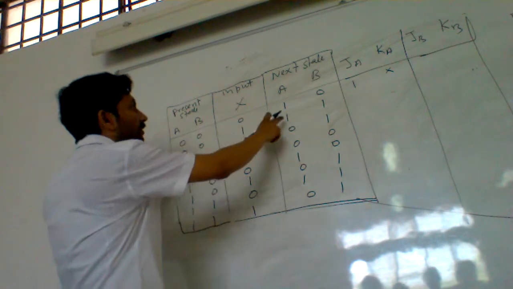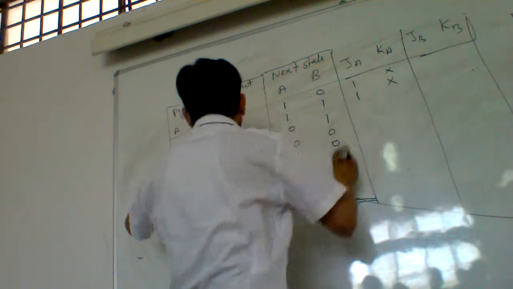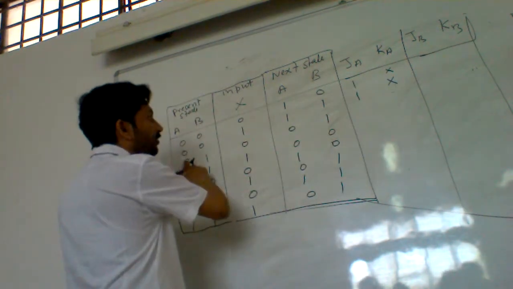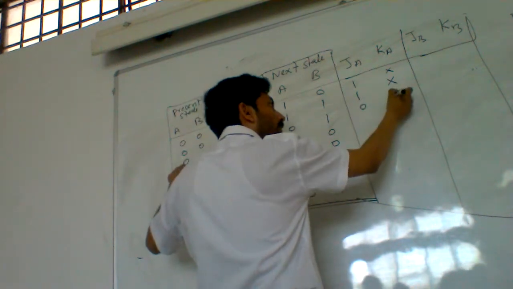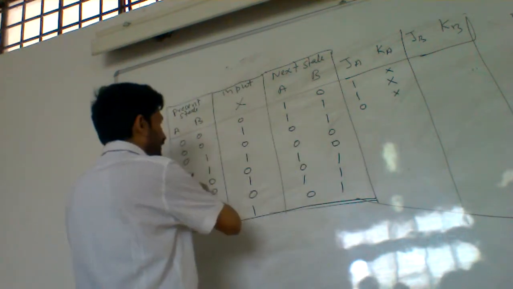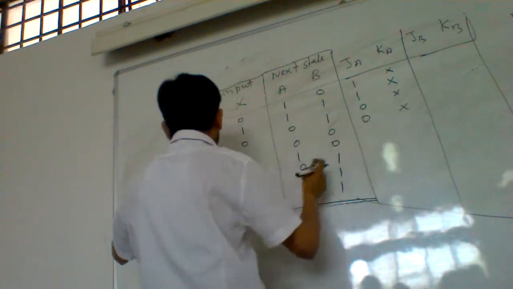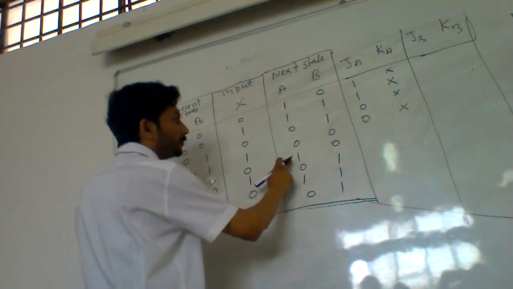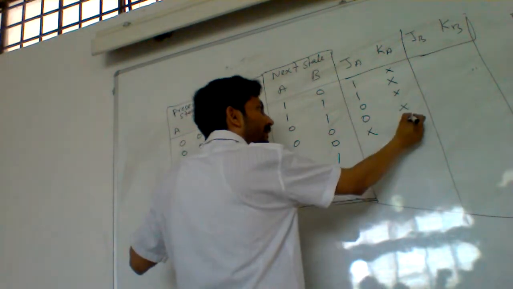Next 0 to 1 again gives 1, don't care. Next 0 to 0 gives 0, don't care. Then 0 to 0 gives 0, don't care. Again 1 to 1 gives don't care, 0.